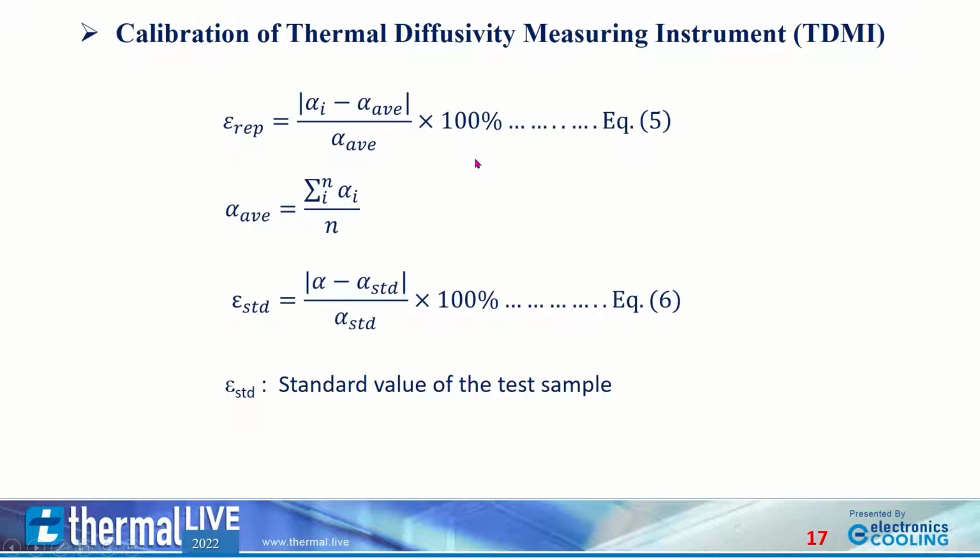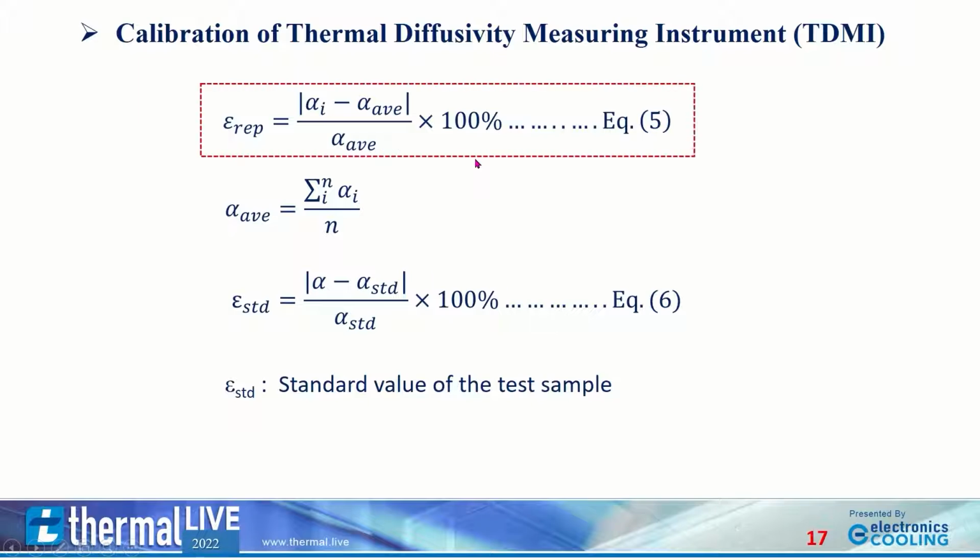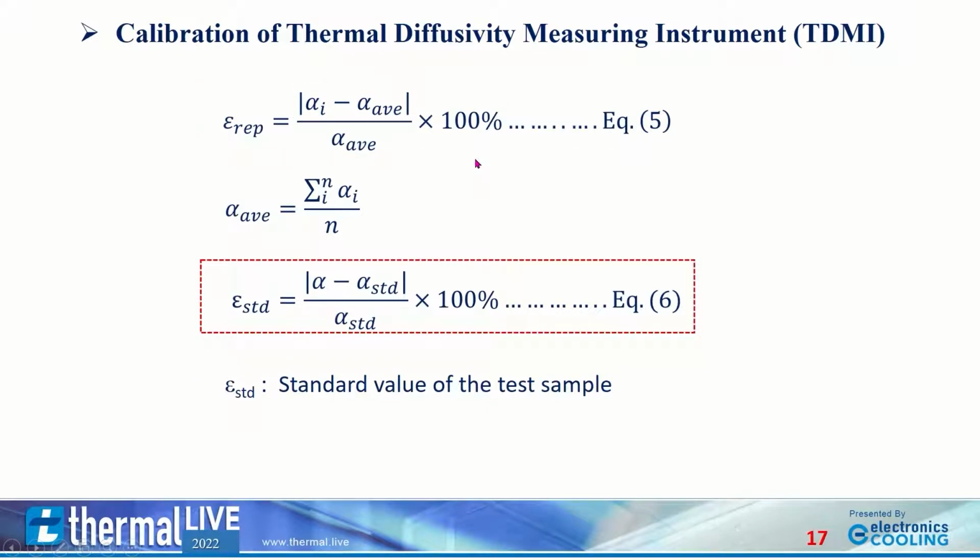First, the repeatability of the experimental data must be precise and determined. The repeatability error, shown in equation 5, refers to the same person repeating the measurement several times during the experiment, comparing each measured result with the total average. The relative error is, of course, the lower the better. The accurate relative error refers to the relative error between the tested results and the standard values of the golden sample, expressed by equation 6.